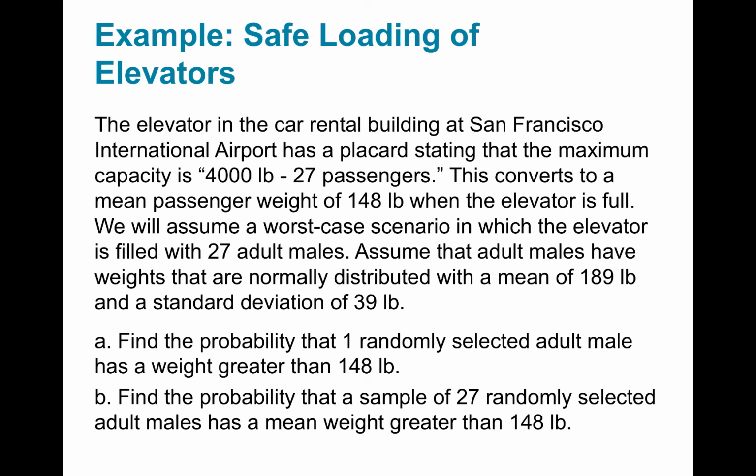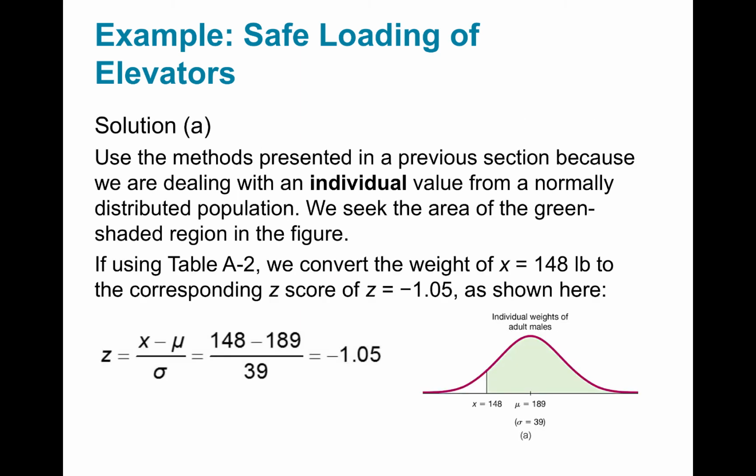Here's an example. You can pause the video if you want to read it through. Part A is the same type of problem we've done a bunch of times. But now look, Part B has us doing the same type of problem, but with a sample of size 27. The first problem is just like the problems we've done before.